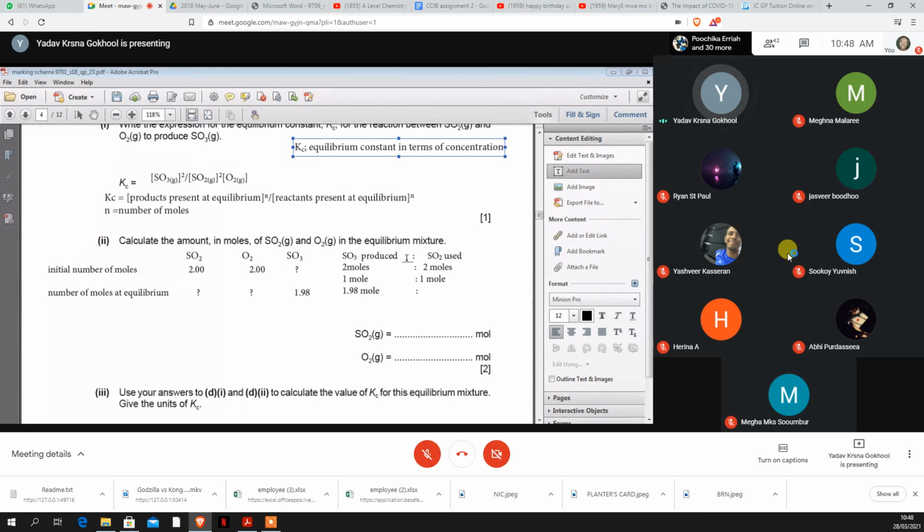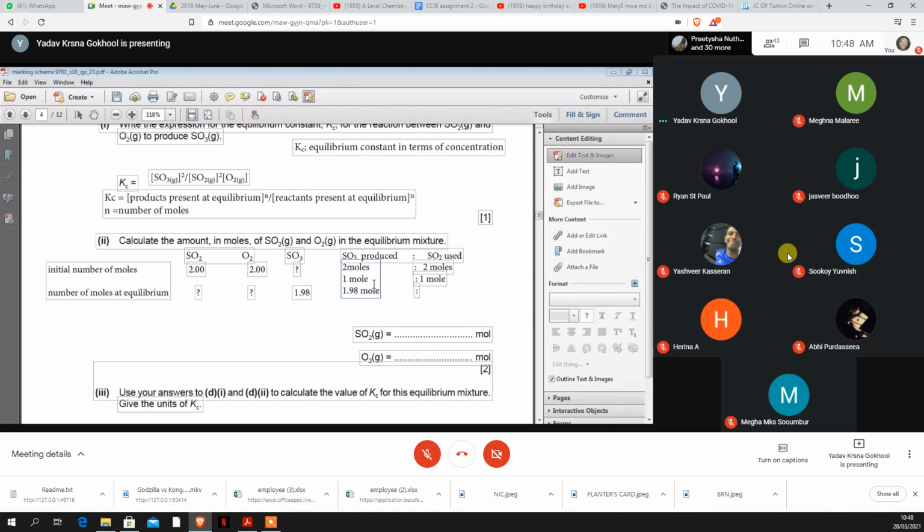SO2 produced, SO2 used. These 2 moles are to 2 moles, so 1 mole is to 1 mole.